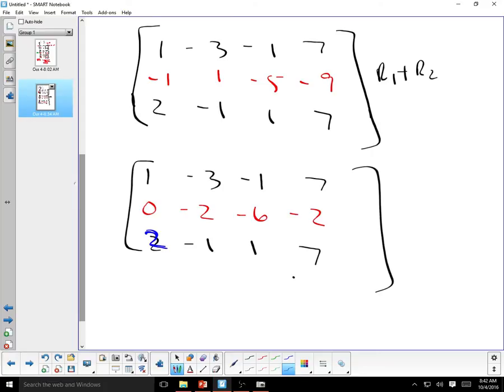So what I'm going to do is take row 1, multiply it by a negative 2, and then add it to row 3. Thanks for saying something, Steve.